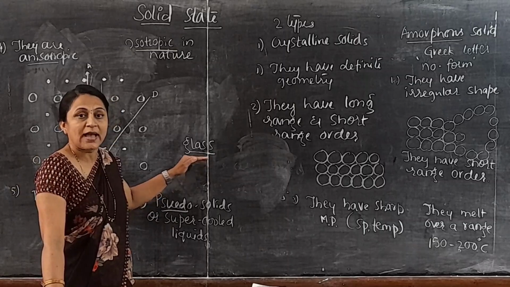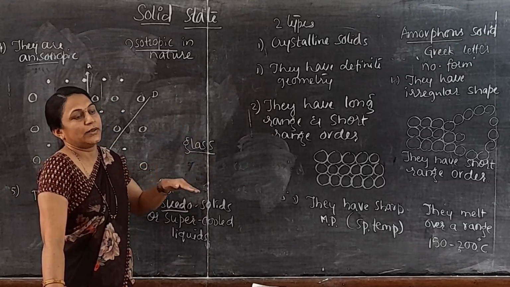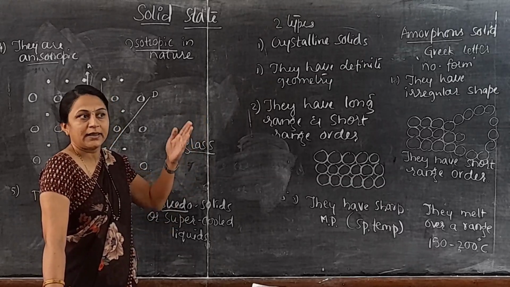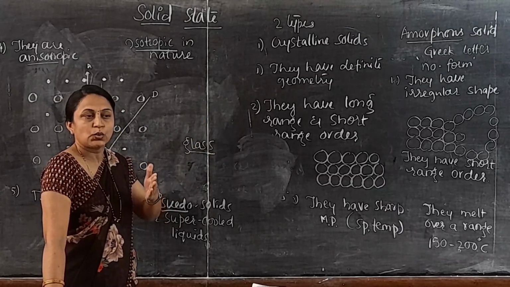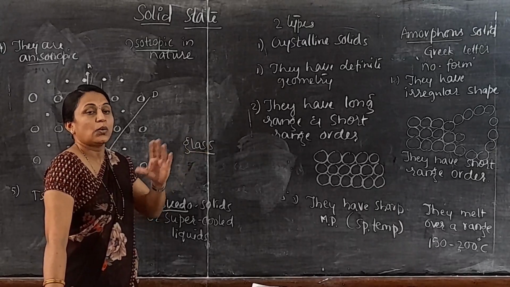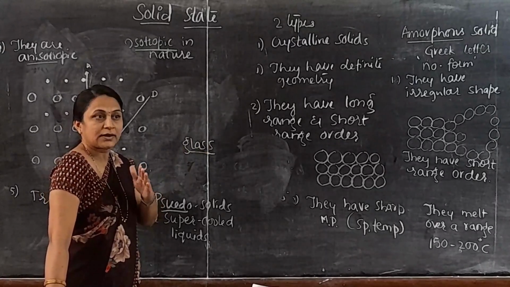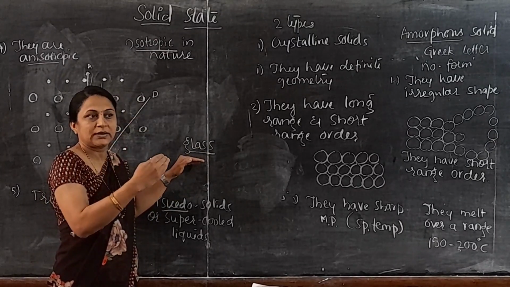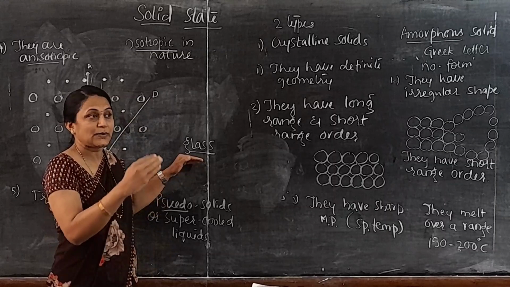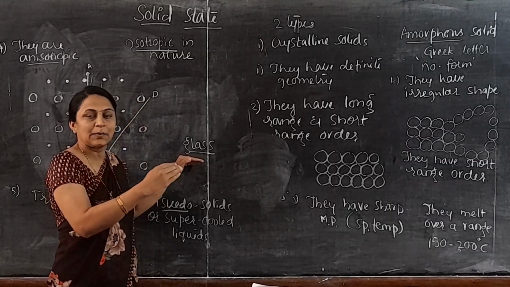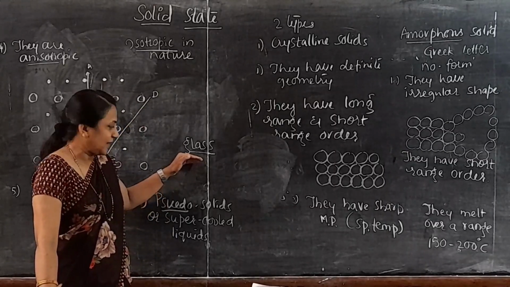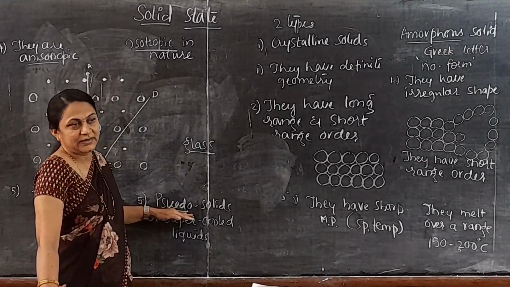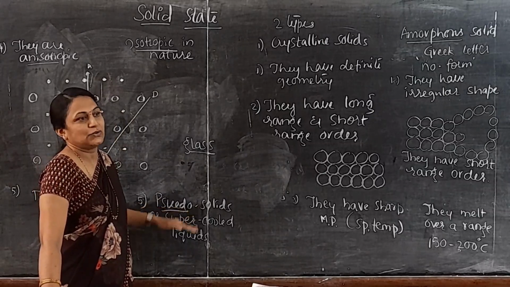On changing temperature conditions, during the day heating takes place and at night cooling takes place. With this temperature change, the glass melts slowly, flows down and collects at the bottom. That's why they appear thicker at the bottom than at the top. That's why we call these solids pseudo-solids. They are not true solids.